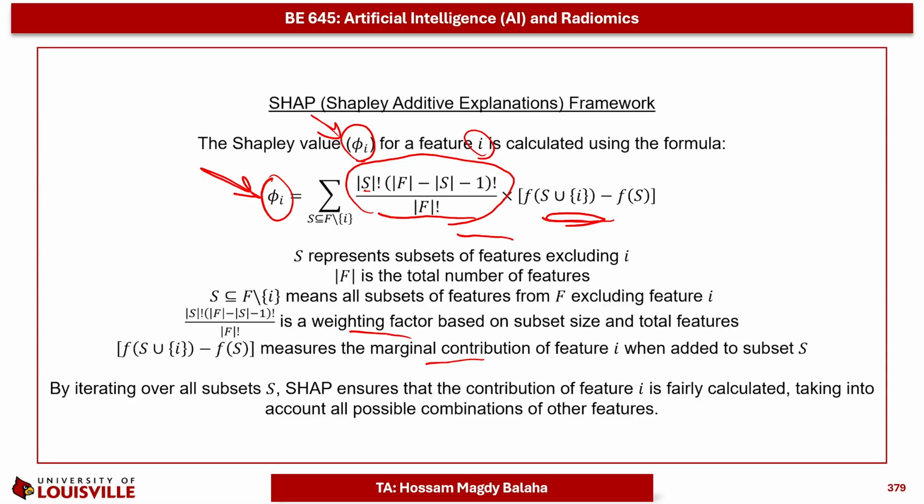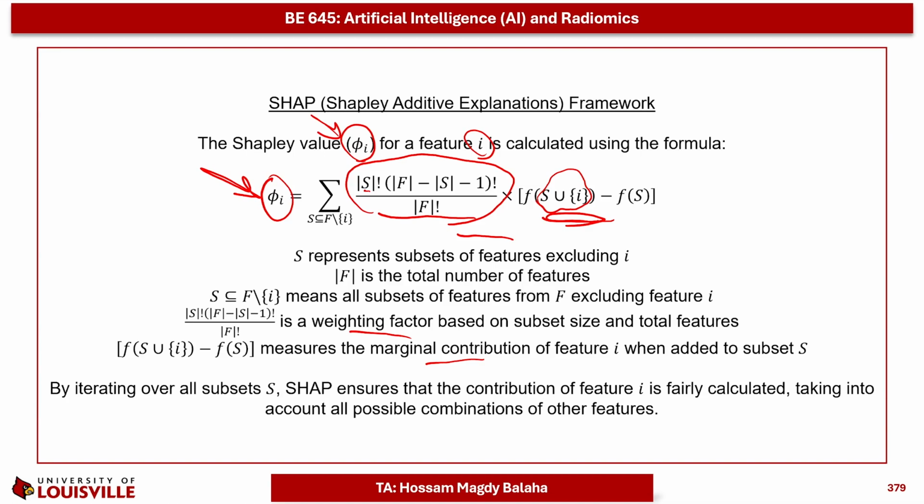So when you find something like that, this means we have a subset union subset, so we are merging the two subsets together. So S only means we are dealing with a subset excluding the feature i. Subset union i means the subset including i.